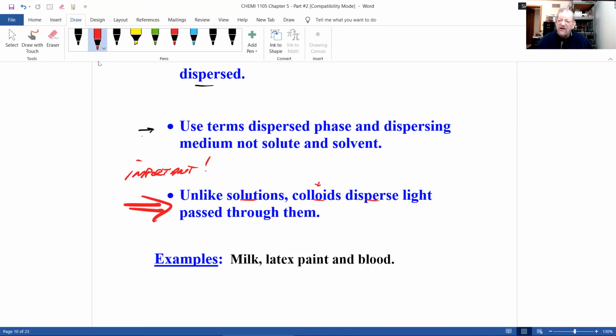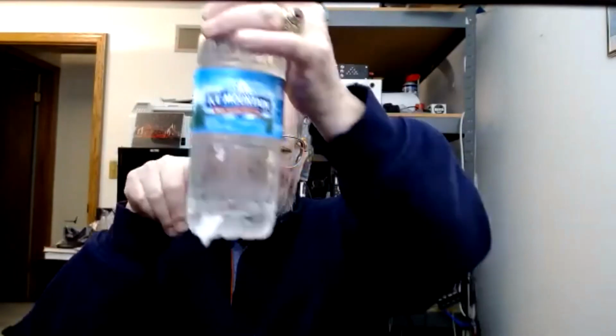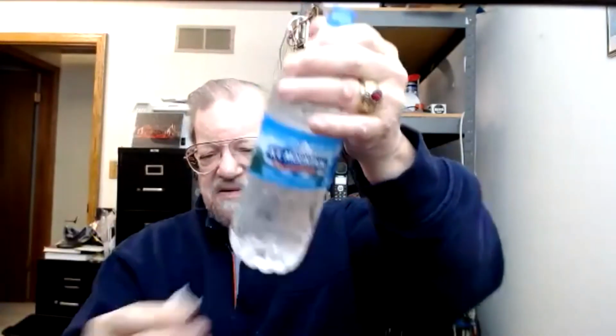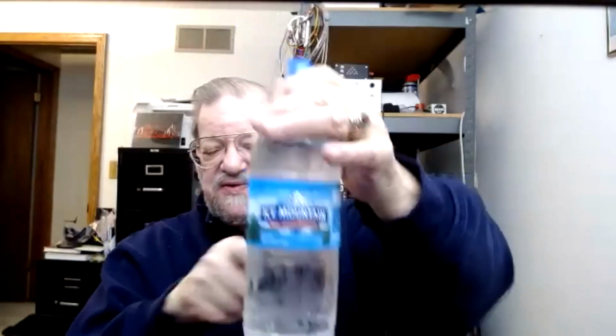In other words, if you take a solution, and I see I'm almost out of time and I don't have my fancy flashlights here, but if this is a solution, let's assume there's sugar and water there. It's really water, but pretend it's sugar and water. If I took my flashlight, and tomorrow I'll bring a flashlight, anyways, you'll see the light through here.